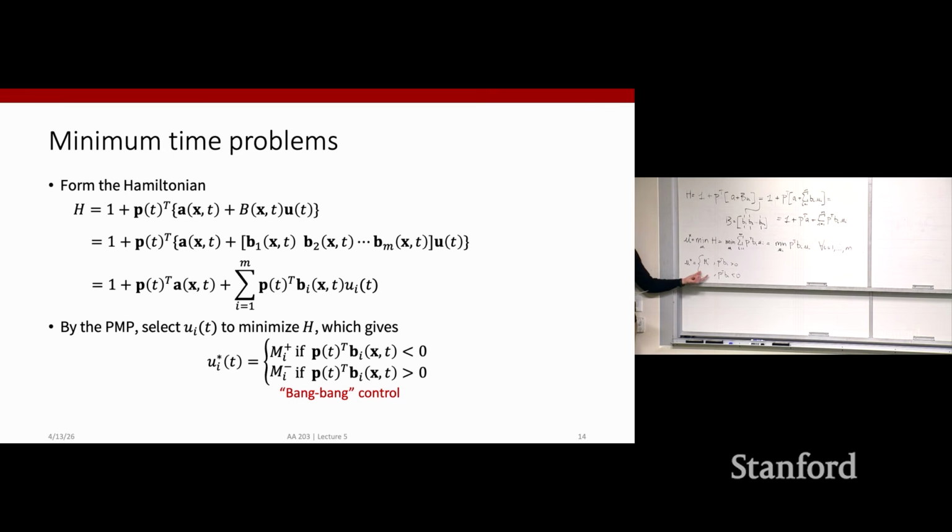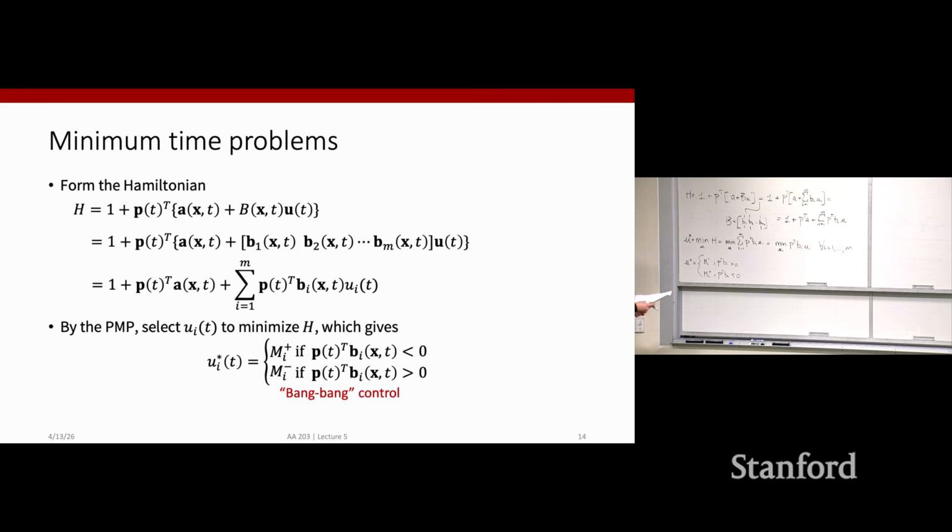And of course, by mirroring, in case P transpose B_i is negative, what is u here? It will be the upper bound, so m_i plus. Now, are we missing something here? Yeah, exactly.